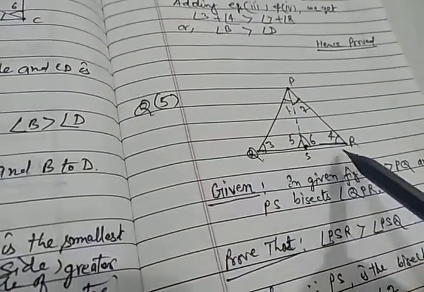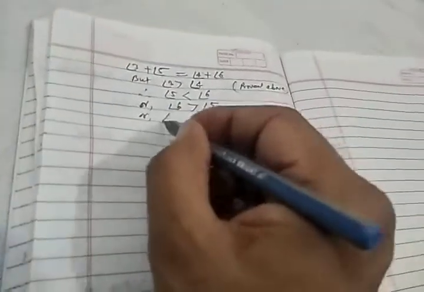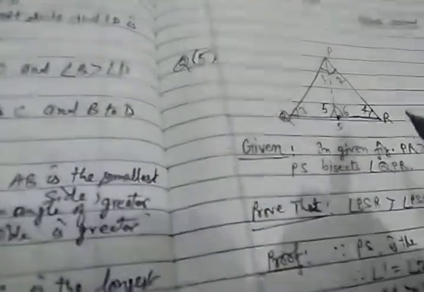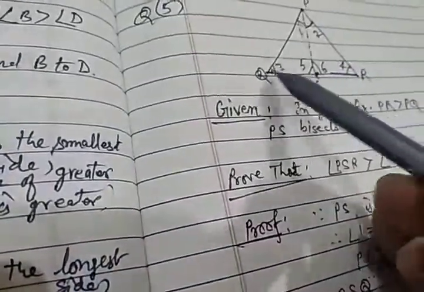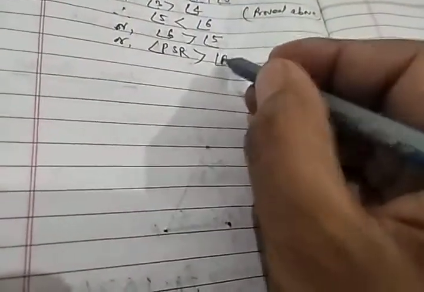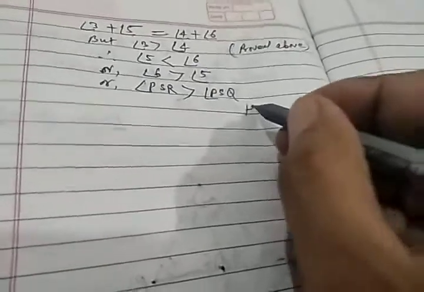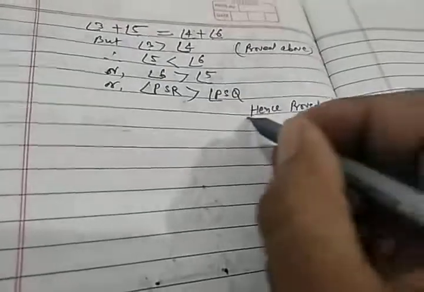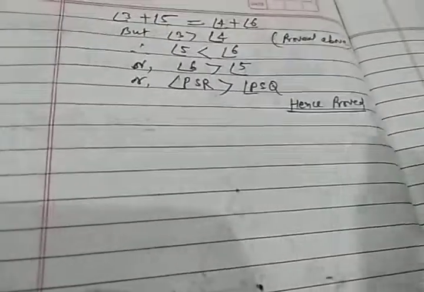Angle 6 is angle PSR, and angle 5 is angle PSQ. So angle PSR is greater than angle PSQ. This is the required result. You can write hence proved. This one is question number 5.